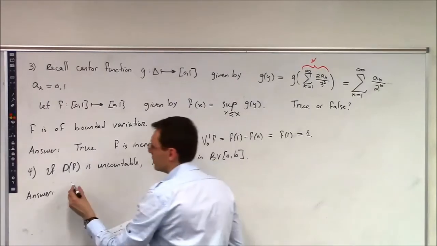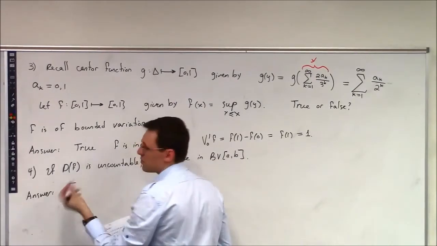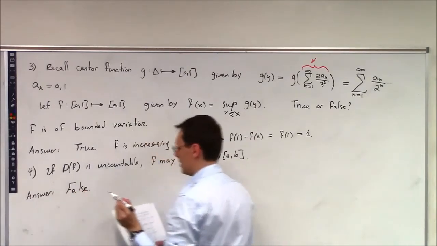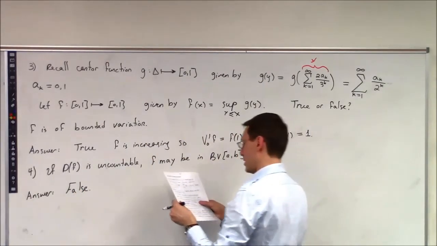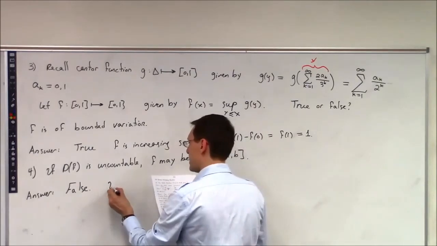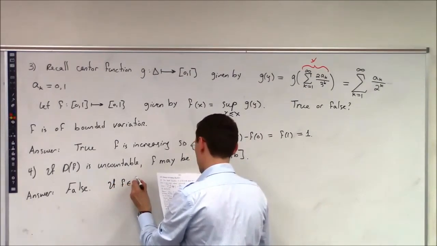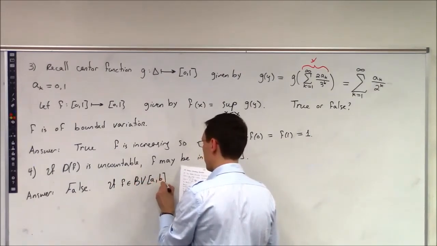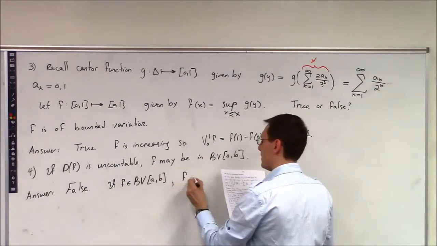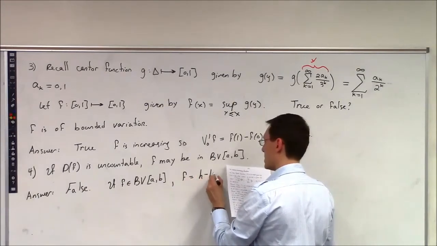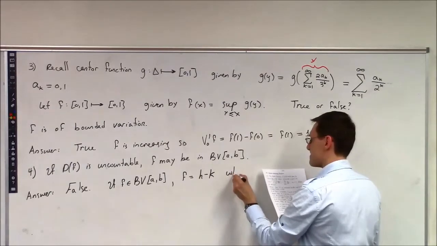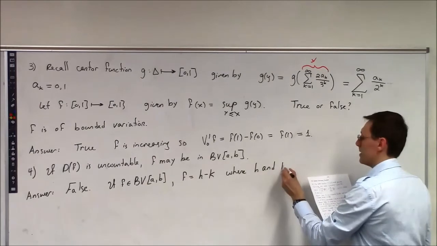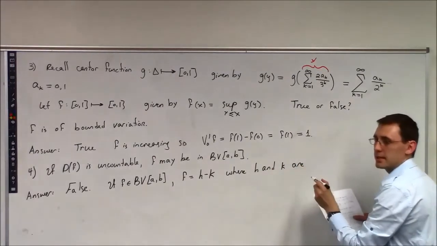No, right? False. But the reason is actually simple once you know a good representation for functions of bounded variation. The reason I asked is you should remember that if f belongs to the space of bounded variation on [a, b], f is equal to some h minus k, where h and k are increasing.